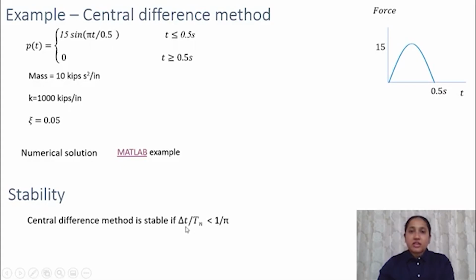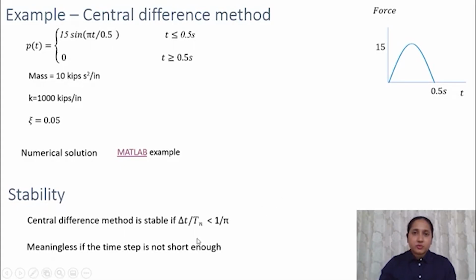That is, if the time step divided by the natural period is less than 1 by pi, then only is this central difference method stable. If this time step divided by natural period value is more than 1 by pi, then we will get a meaningless response.